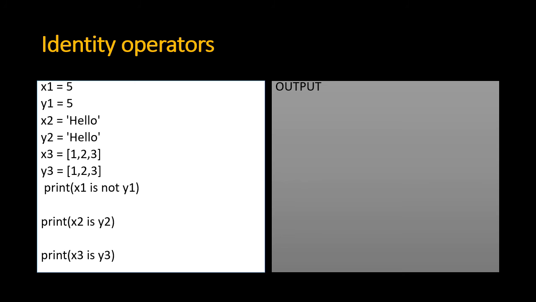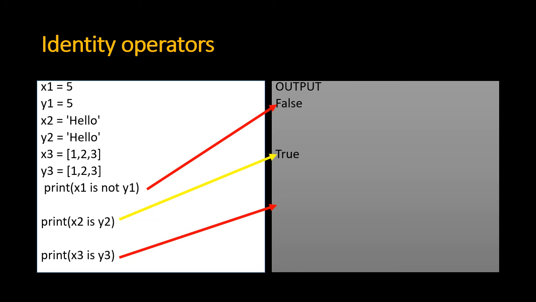The x1, y1 values are the same, both share the same location. So here, is not returns false. And x2 is y2: hello, hello, the same, and they also share the same location, so it returns true.